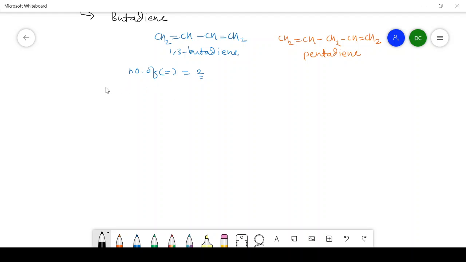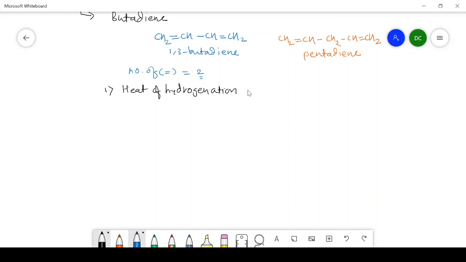Therefore, the one fact I am writing here is heat of hydrogenation. The number of double bonds present in both compounds is the same. That's why the heat of hydrogenation in both compounds should be the same.